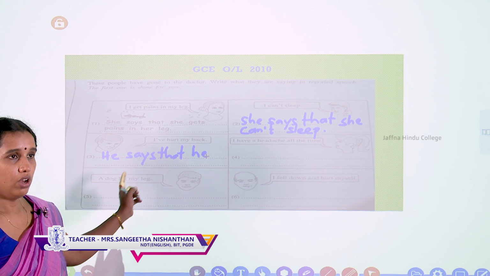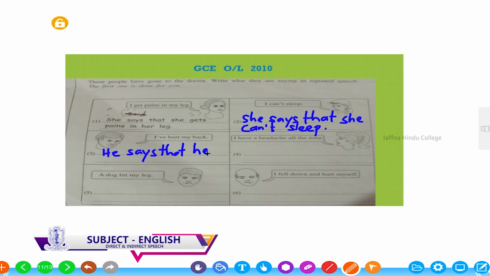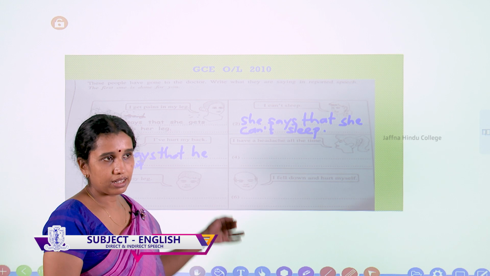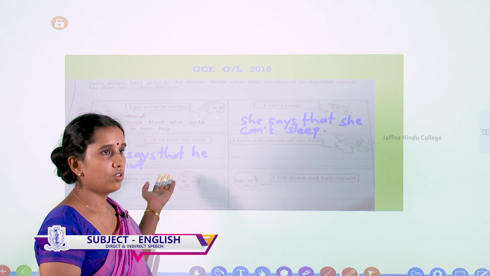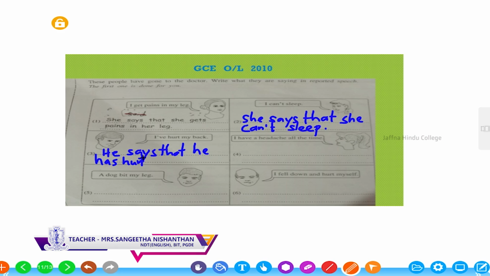But now I change the subject as he, so can we use have? No, we should use he has heard. It is on my back, he says, it's a possessive adjective. The pronoun should be changed as his back.